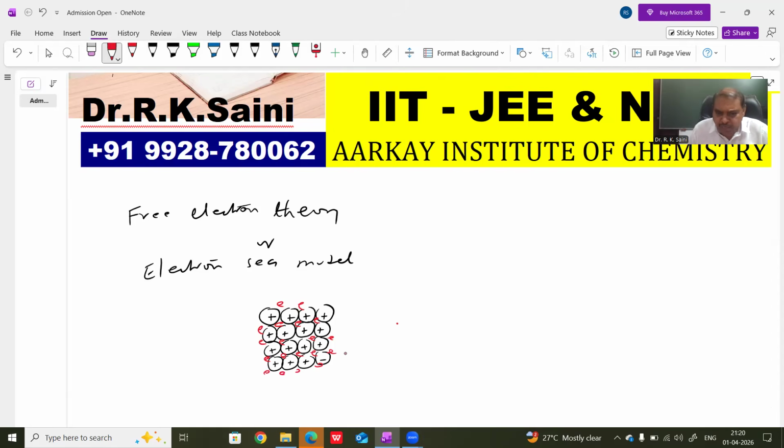For a strong metallic bond, a stronger electrostatic force of attraction is needed. Therefore, the kernel should be smaller in size and carry high charge, and if diffuse orbitals are present in the kernel, then there is strong electrostatic force of attraction between kernel and mobile electron.